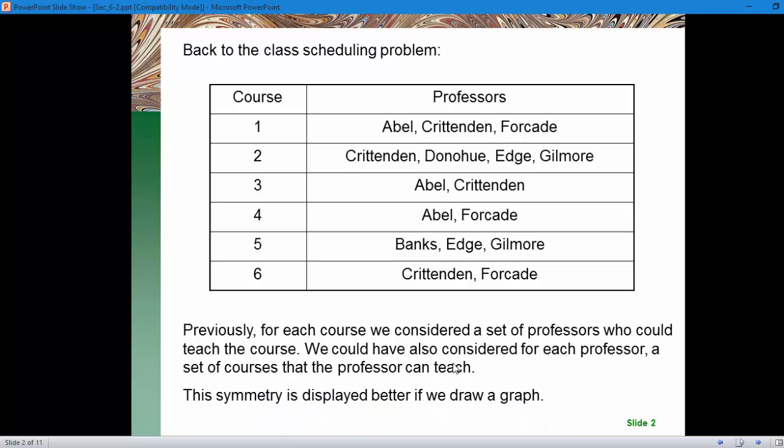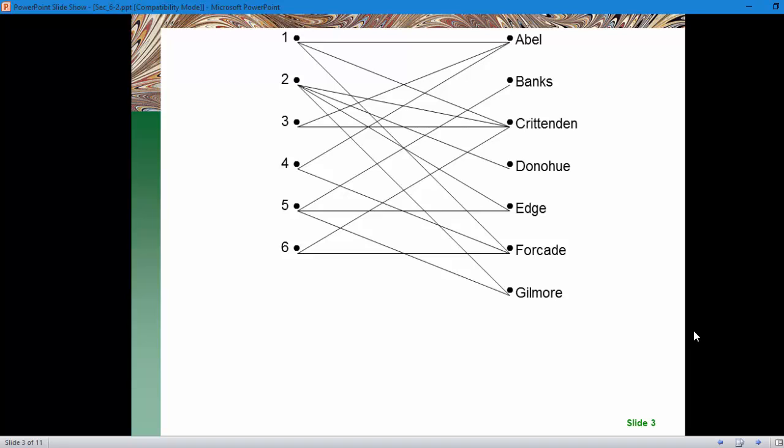This highlights a symmetry with this type of graph, and the symmetry is better displayed if we draw the graph. As you can see here, Professor Abel is available to teach course number 1, 3, and 4. And so this graph demonstrates those possibilities.